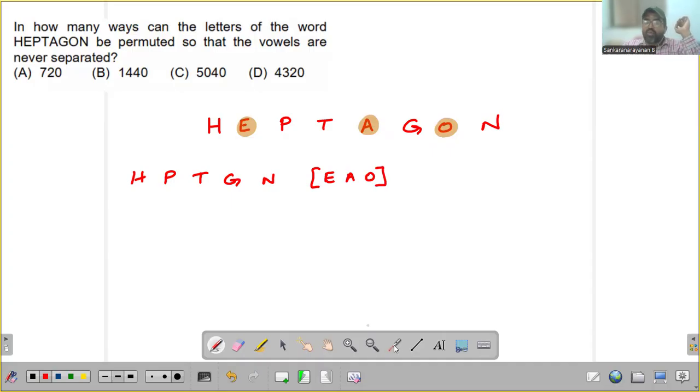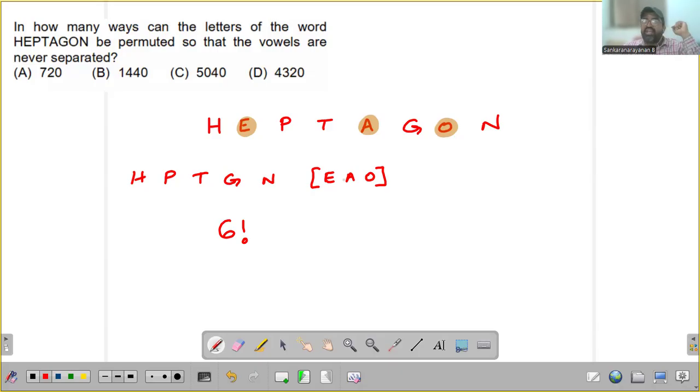Okay, so when I am observing here, I can see that I need to take care of arranging EAO as a single unit and then HPTGN as individual units. So altogether I have got 1, 2, 3, 4, 5, 6 units to take care. Okay, so these 6 units, I can arrange them all together in 6 factorial ways, right?